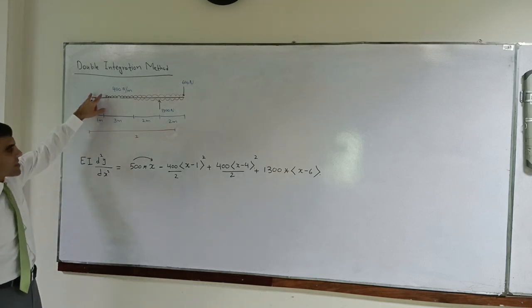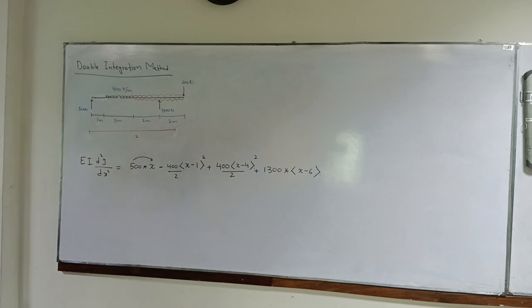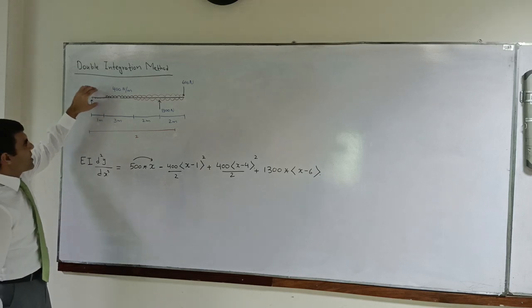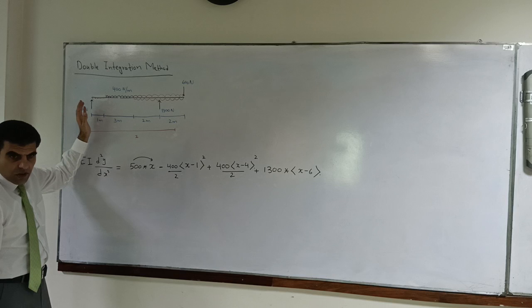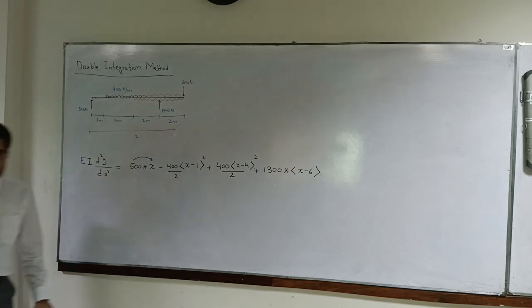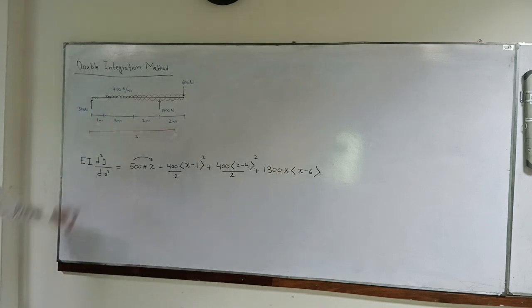Now we have two options: either we place an equal and opposite UDL on the left hand side, or on the right hand side. We said let's place it on the left hand side. But then we face the same difficulty.